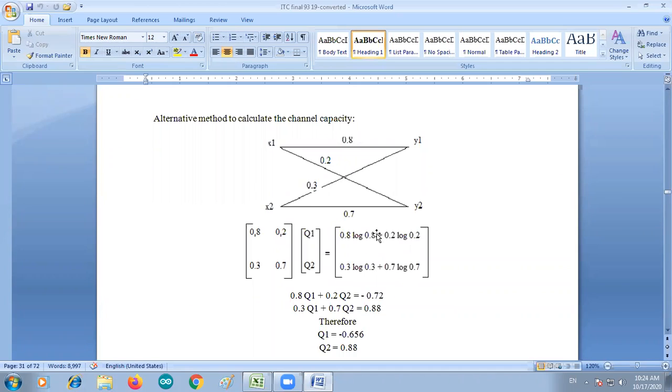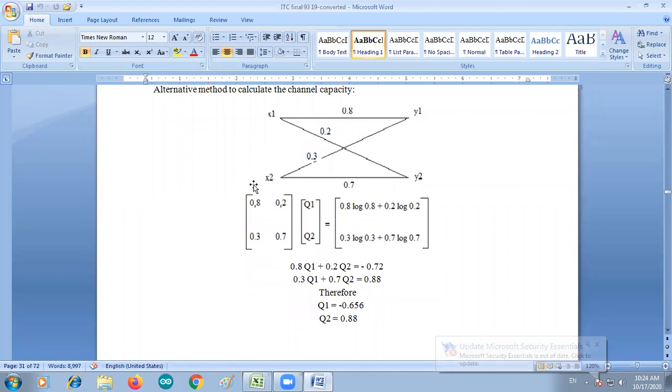So simply, when the channel matrix probabilities are known, that is P and 1 minus P, then you can arrange the channel matrix and multiply with Q1 and Q2 values, and that is equal to P11 log P11 plus P12 log P12, like P21 log P21 plus P22 log P22. So that is the formula applied here.